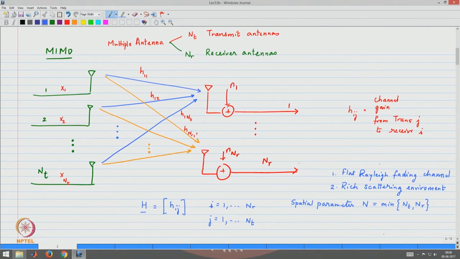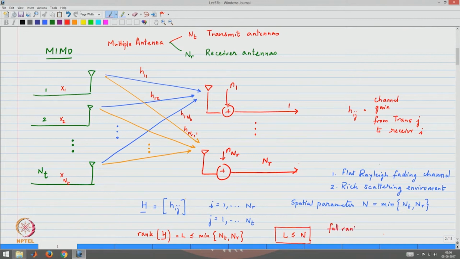This matrix H has a rank. If we denote the rank as L, this will be less than or equal to the minimum of the number of rows and number of columns, which correspond to Nt, Nr, or in other words, L is less than or equal to N. And we like to consider the special case where we have full rank.